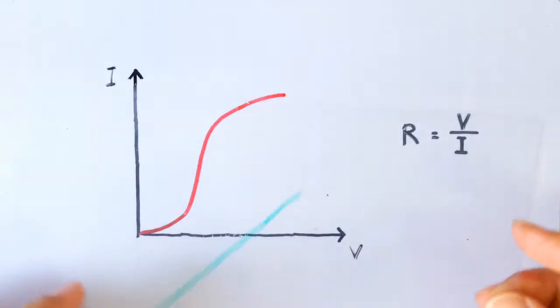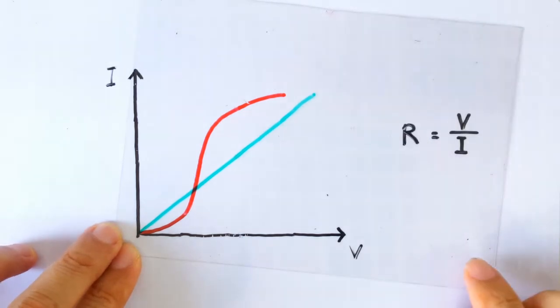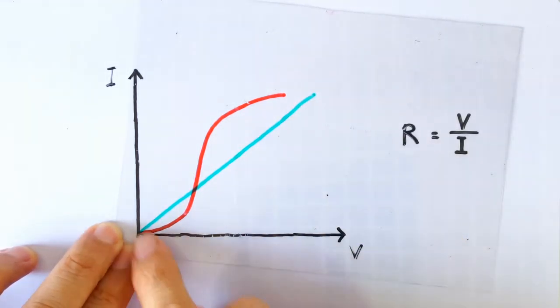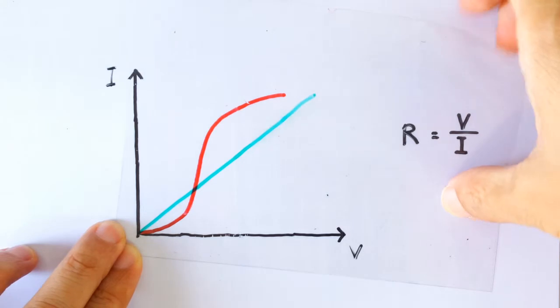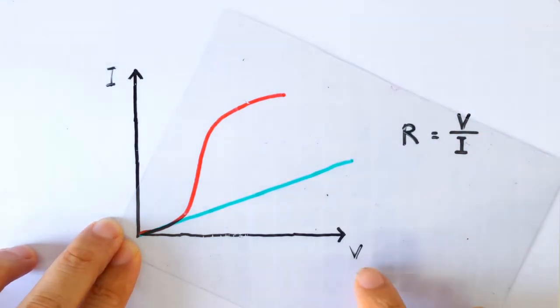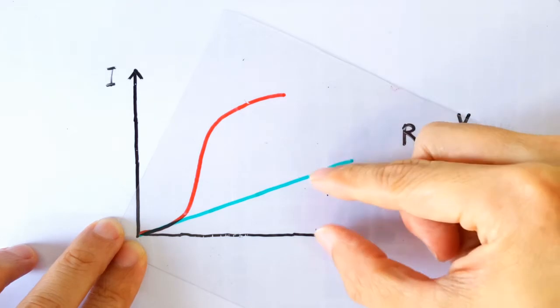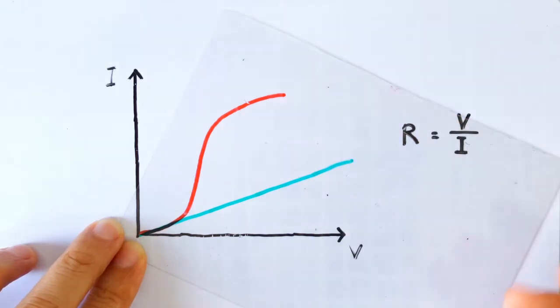Let's first think about the IV characteristic curve of an ohmic device, which you know should be a straight line passing through the origin. A large resistance would have the straight line that leans more towards the voltage axis, because when you lean more towards V, you have a large V and a small I, and that corresponds to a large resistance.